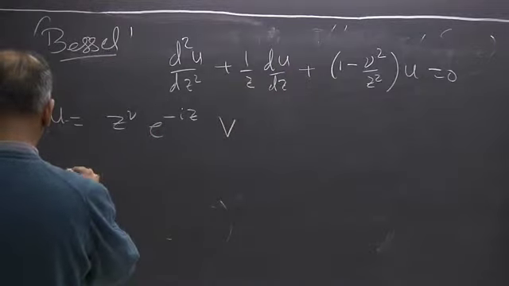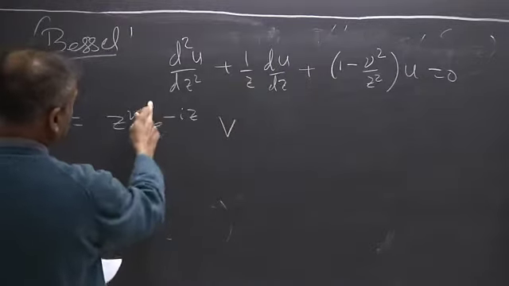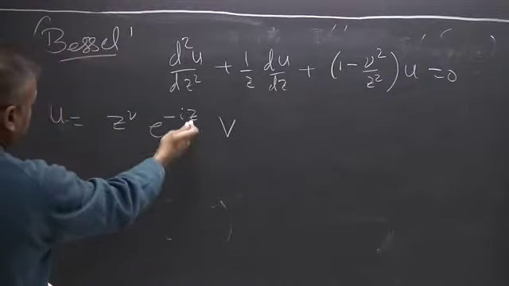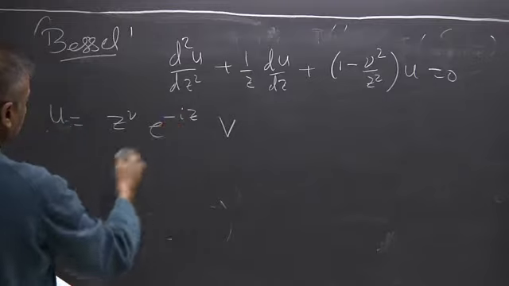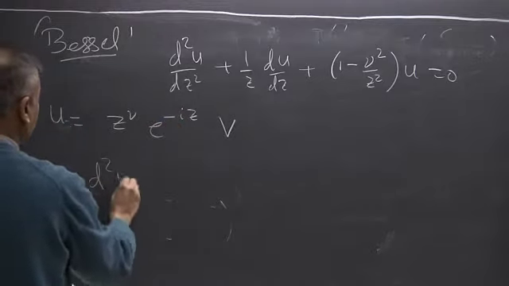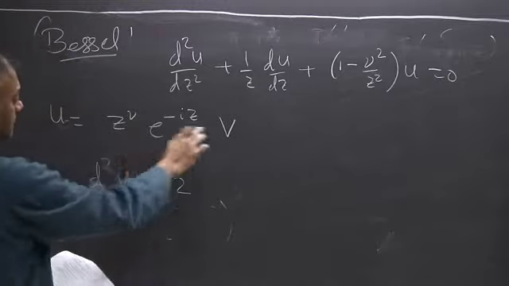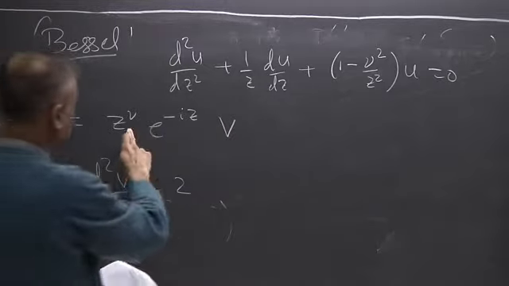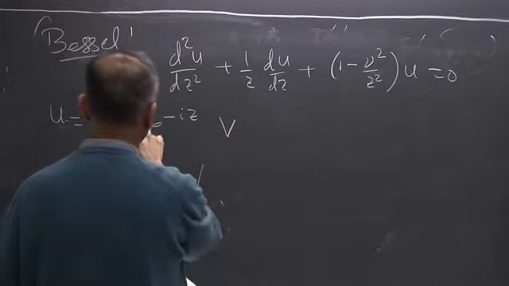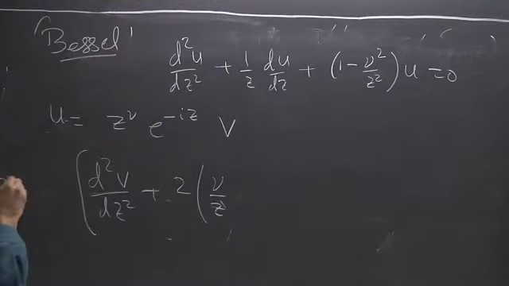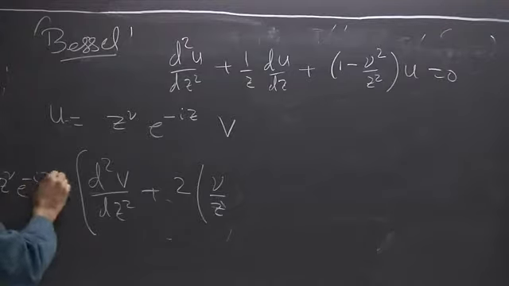Okay, so we have to just substitute this. So two derivatives. So there will be, and then after taking, you take these factors out. So you will get d2v over dz2 plus 2 times the derivative of that times derivative of that. So this derivative of that gives you nu over z, because I'm taking z to the nu outside, e to the minus iz outside, right?